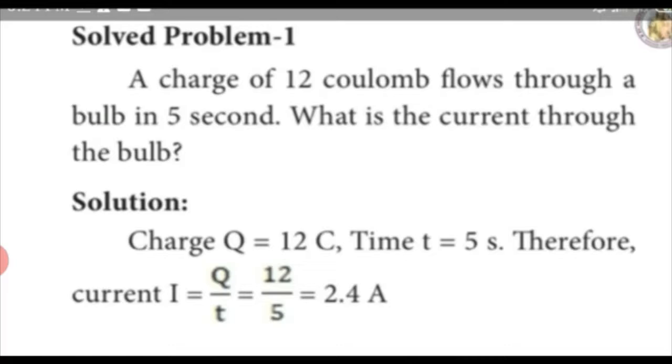If you divide these two, you will get 2.4. So, current I is equal to 2.4 A. What is A here? Ampere. Ampere is the unit of electric current.